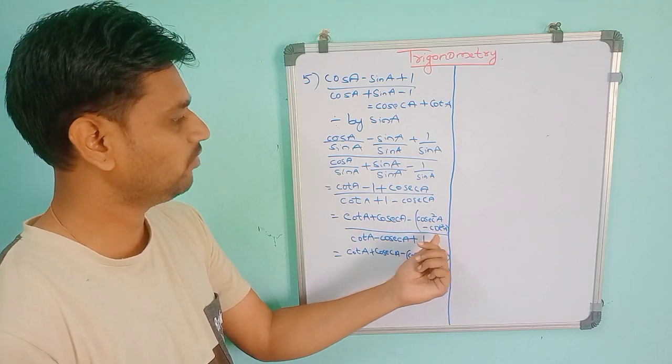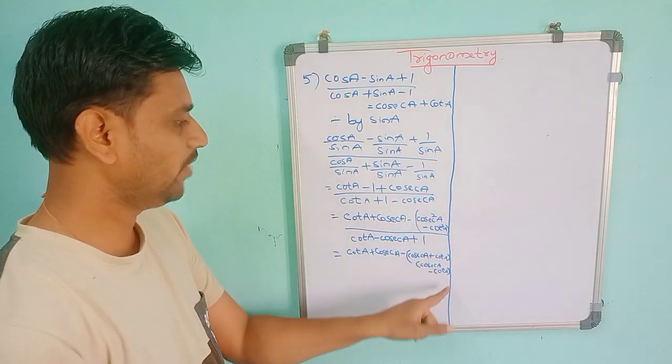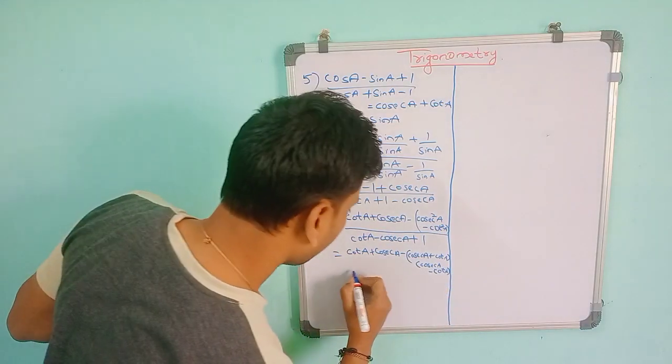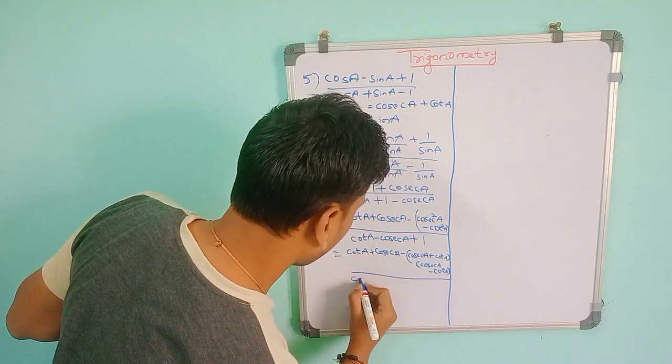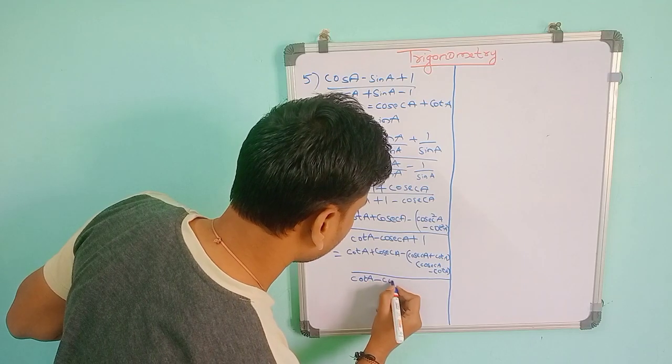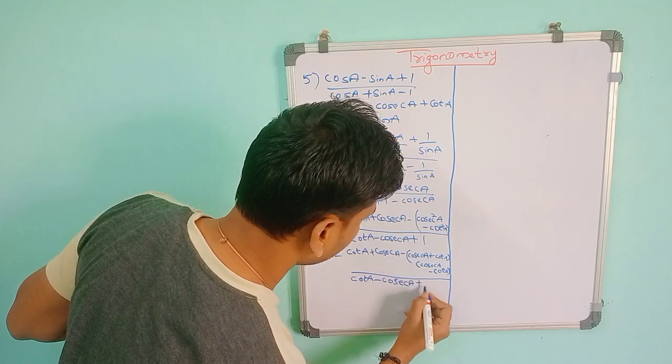Then the whole is divided by cot A minus cosec A plus 1.